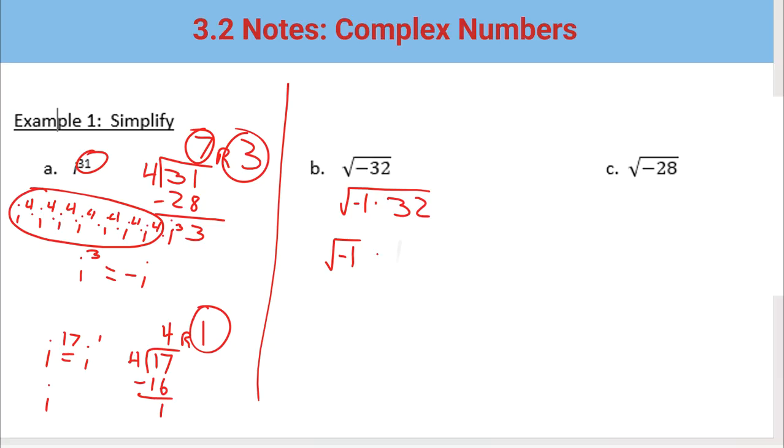The square root of 32 I need to work on. Well, I know that the largest perfect square that is a factor of 32 is 16. Square root of 16 is plus or minus 4. Square root of 2 times that square root of negative 1 yet. Square root of negative 1 is i.